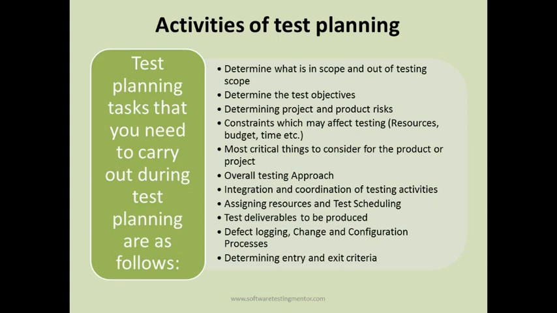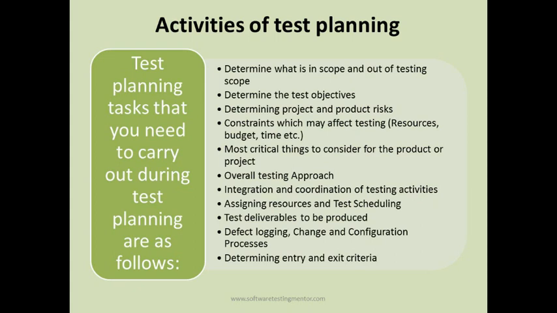For example, test summary report, test plan, test strategy, test scripts, manual and automation. So what all test deliverables we need to deliver to the stakeholders, and what will be the defect logging, change and configuration process that you need to mention in your plan as well.